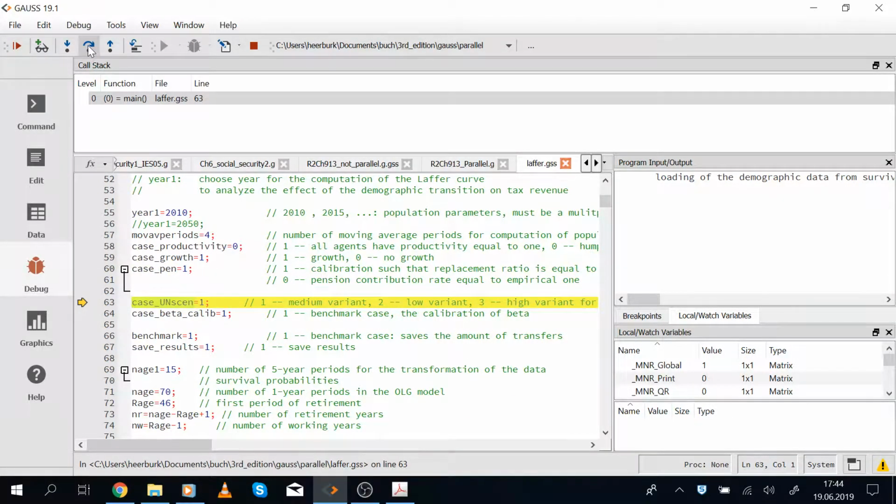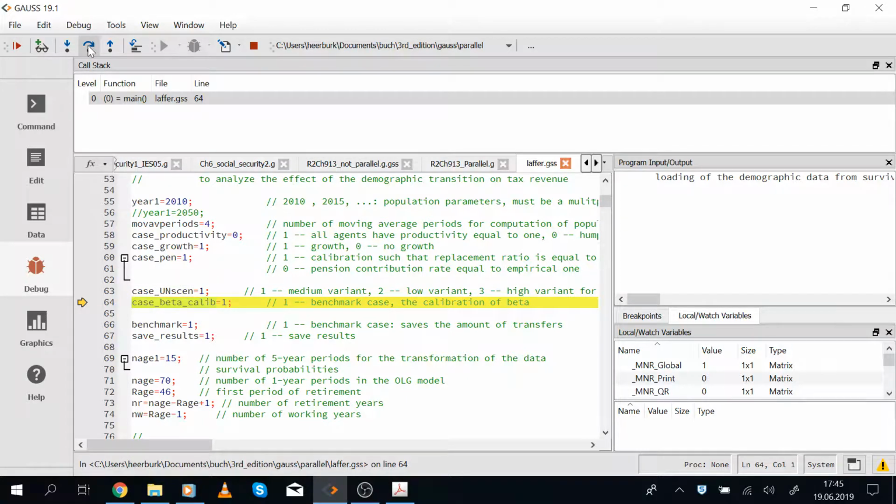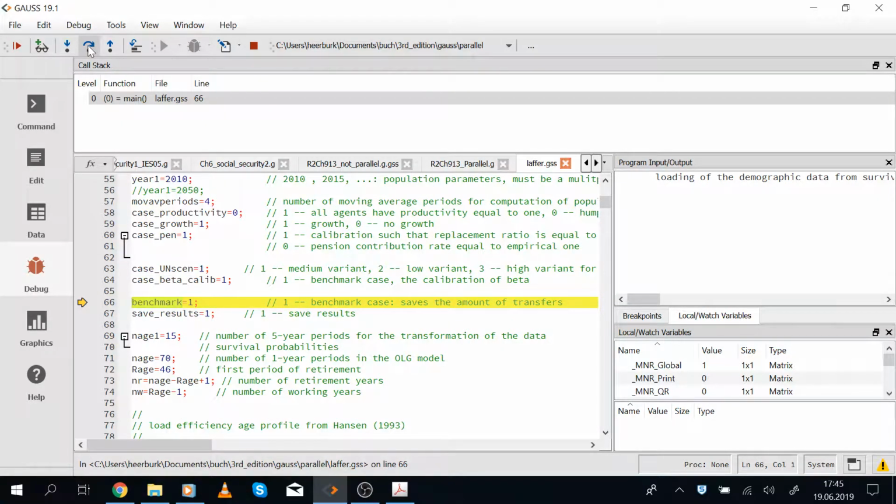You have other options, for example, that the pension contribution rate is equal to the empirical one. We opted here for the first option, but you can change this as you like. So we use the medium variant scenario of the United Nations, and we still have to calibrate the parameter beta in our model below. So we assign the value 1 to the parameter case beta calib. This is our benchmark case.